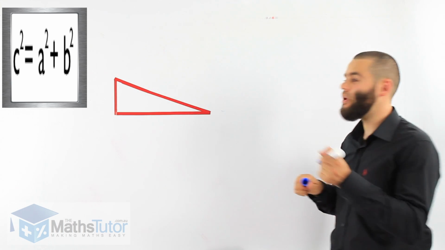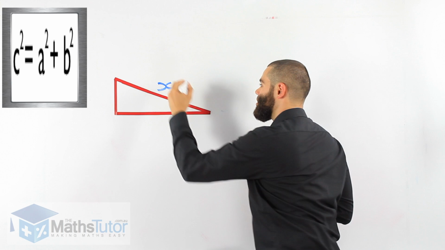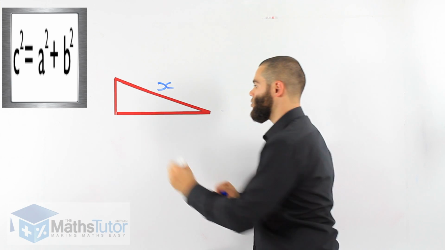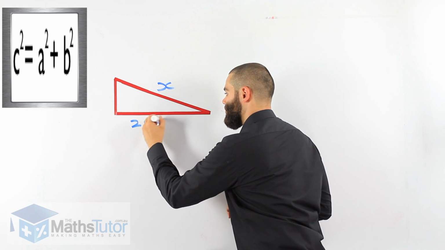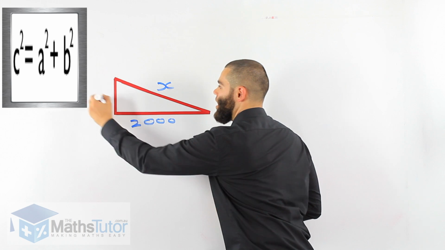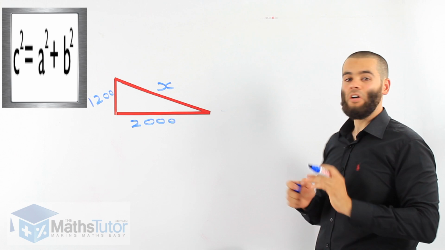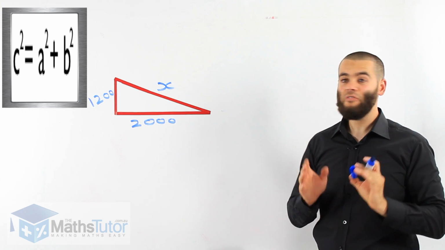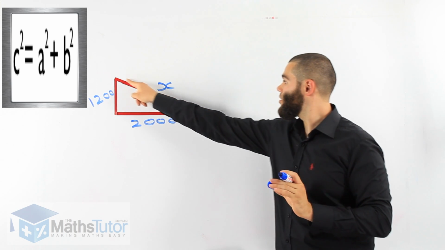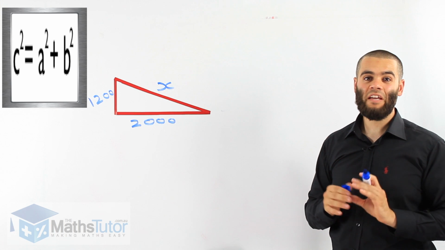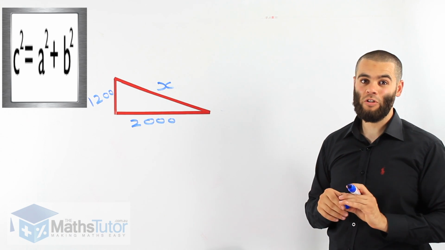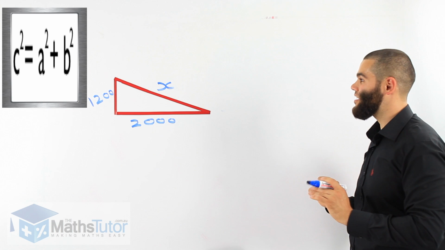Here the brace is our hypotenuse. The length is 2000 and the height is 1200. So we can use Pythagoras to find the length of the brace, and we know in this case the brace represents the hypotenuse. Let's get started.